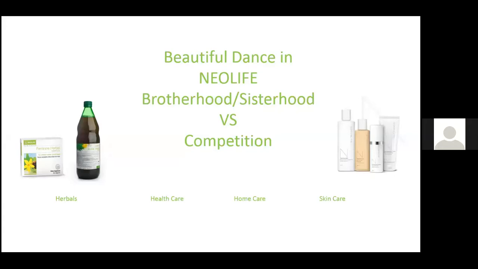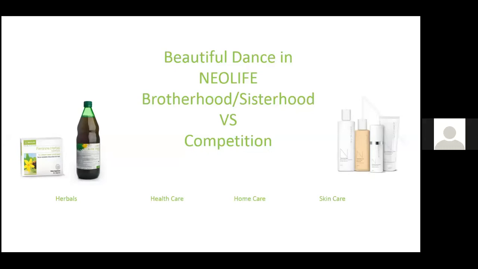Or if there are people in their downline, they help as much as they can, which shows camaraderie and brotherhood or sisterhood in the business. But at the same time, there is competition. And when I say competition, it's competition with yourself so that you can be the best that you can be in this business.